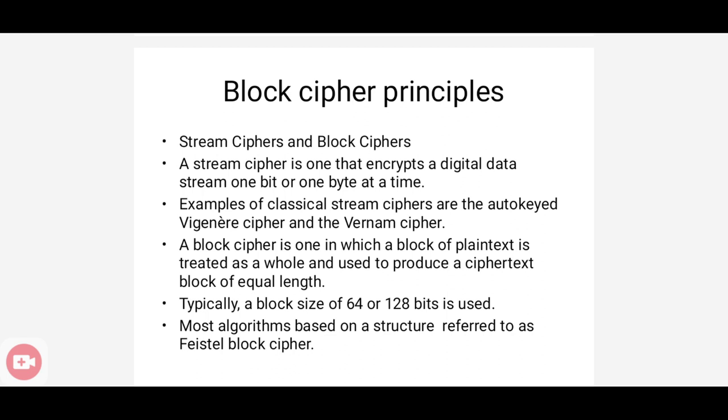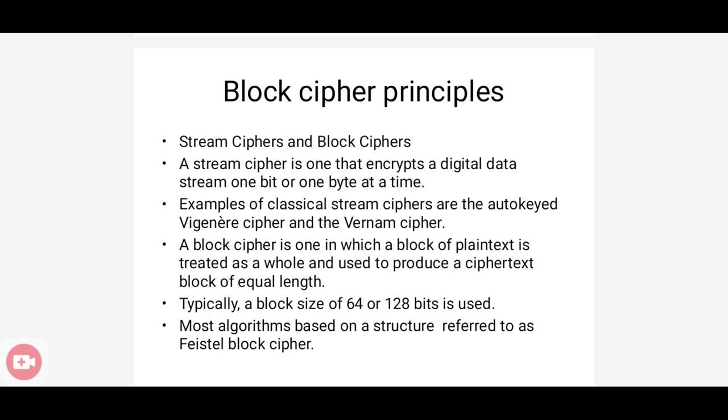We take one block and produce one block of ciphertext, then take another block of plain text and convert it into the next block of ciphertext. That is block cipher.